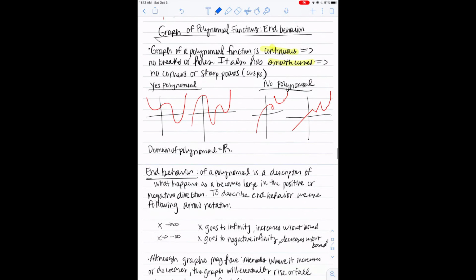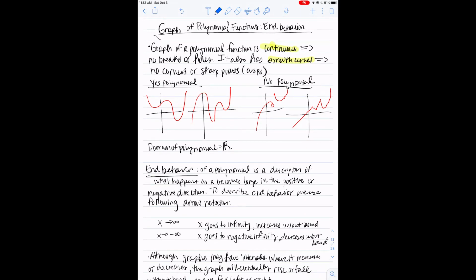Here we're going to be learning about the end behavior of polynomial functions in a graph. A graph of a polynomial function is continuous. Continuous means that it doesn't have breaks or holes, and it also has smooth curves. So polynomial graphs don't have corners or sharp points, which we like to call cusps.